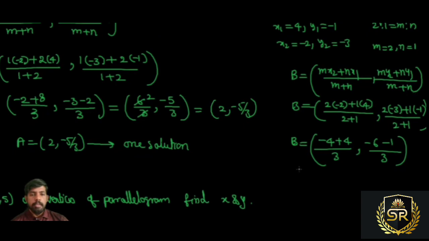So B is minus 4 plus 4 is 0 by 3, minus 6 minus 1 is minus 7 by 3. So this is (0, -7/3).